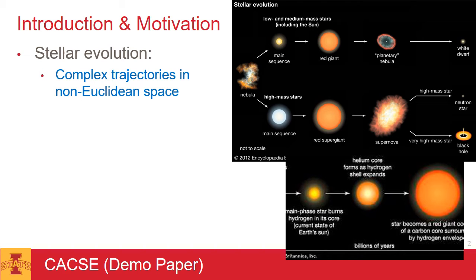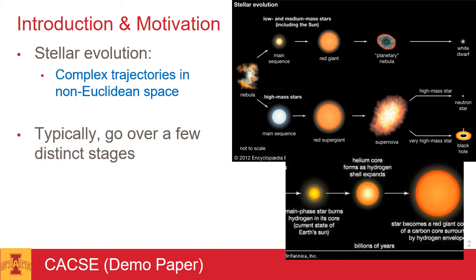So to introduce the problem, to motivate this work, this is about stellar evolution. So what is a stellar evolution? One can perceive it as complex trajectories which are, quote-unquote, moving in a non-Euclidean space. Once the star is formed from a nebula, it typically goes over a few distinct stages, depending on whether it's a low mass or high mass.